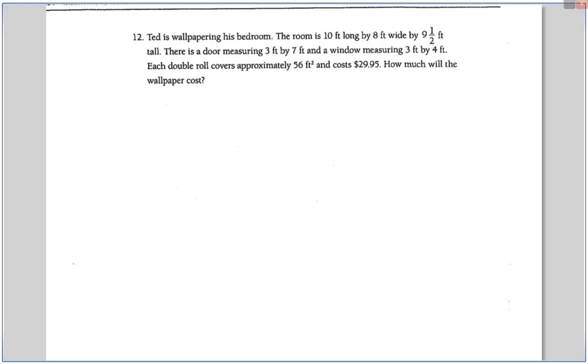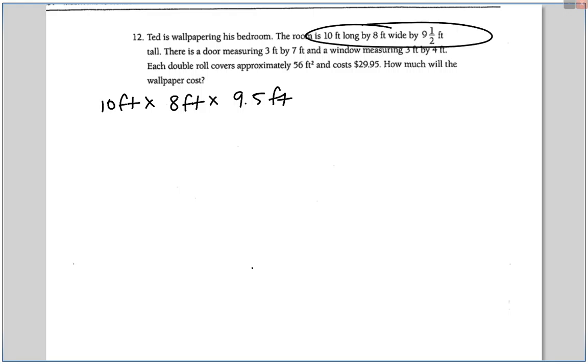Wallpapering a bedroom. Here's the dimensions. 10 feet by 8 feet by 9.5 feet. So that covers this. There's a door and a window. So you wouldn't wallpaper that.